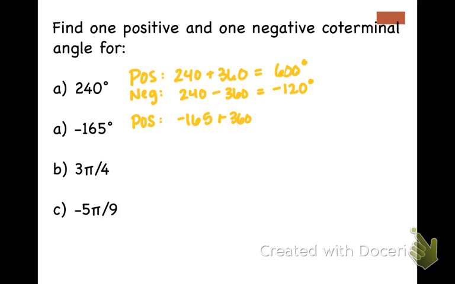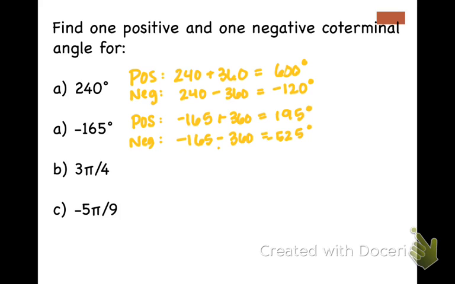And I don't have my calculator, so I'm going to do some mental math. It should be 195 degrees. That's my positive coterminal angle. And then my negative coterminal angle is whatever I get when I take negative 165 and subtract 360. And that should give me, let's see, it's going to end in a 5, 2, carry the 1, negative 525. Also in degrees.